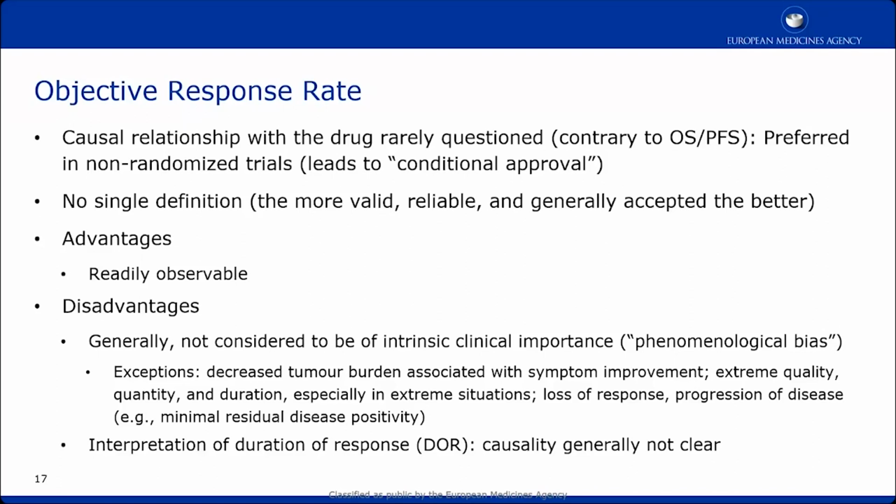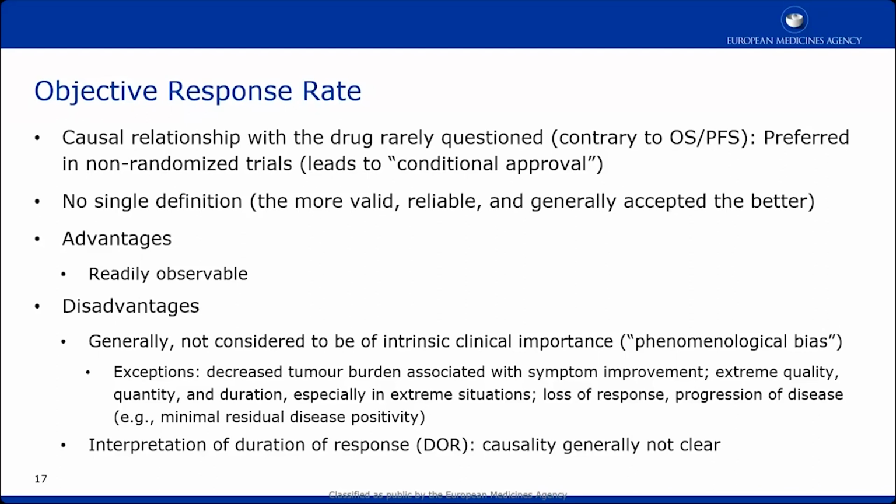So if you see a 20% response rate, you can say most of it is likely to be due to the drug. You cannot say the same for any of the other endpoints that we've seen before, like progression-free survival, overall survival. They're affected by so many other things than the drug that, unless it's extreme, it's very difficult to do anything with that.